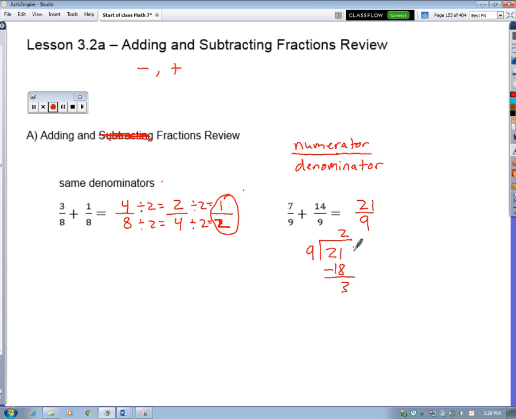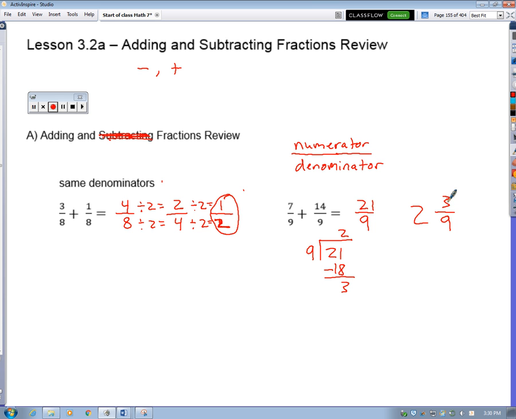We're going to leave the remainder, and we're going to rewrite this as a mixed number. Our whole number is going to be 2 because 9 went into 21 twice. And my fraction part is my remainder over top of this outside number 9. So 21 over 9 changed to 2 and 3/9.